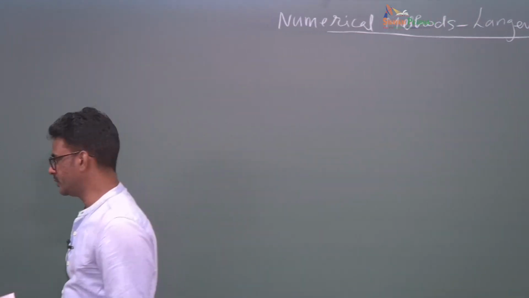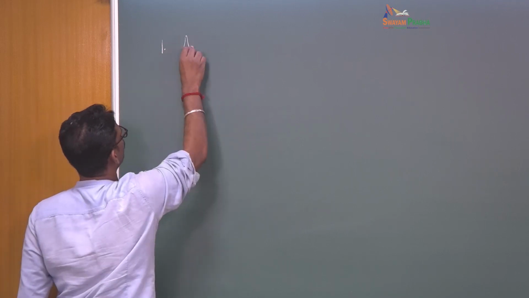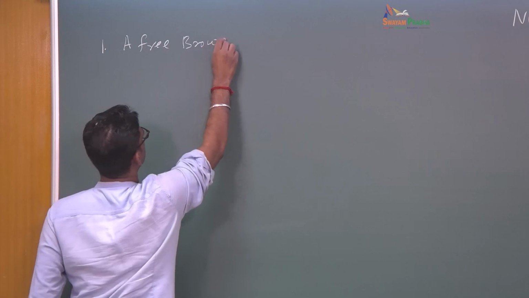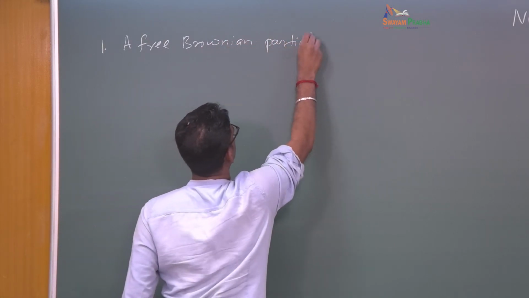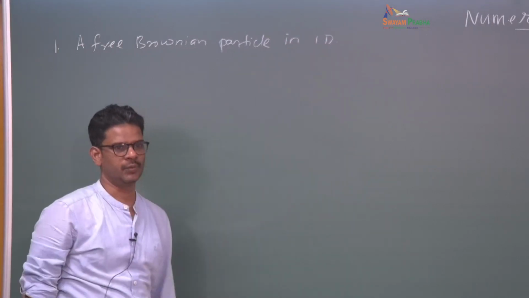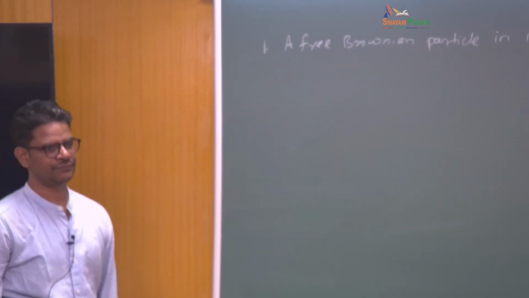So the first example I want to talk about is a very simple Brownian particle, a free Brownian particle in 1D. We do this because we know the analytical solution for this.